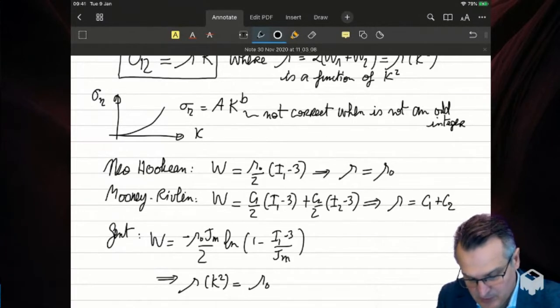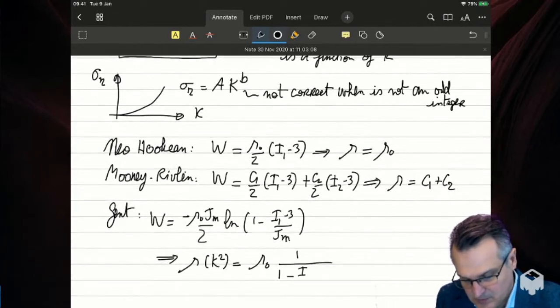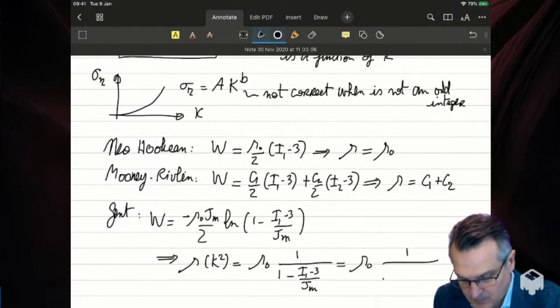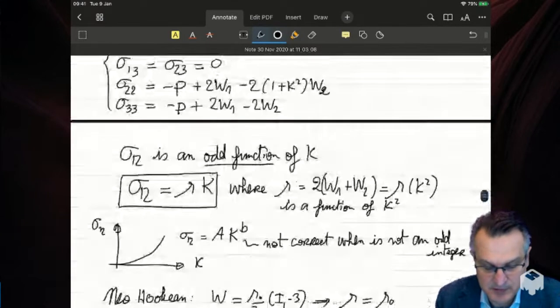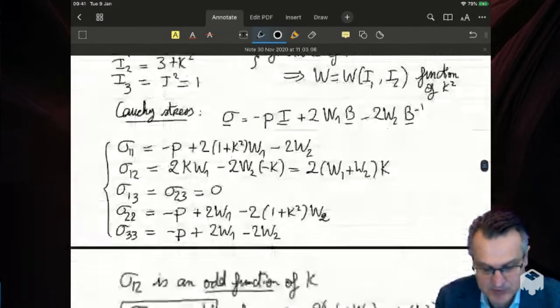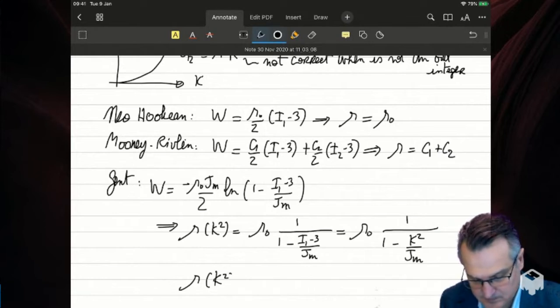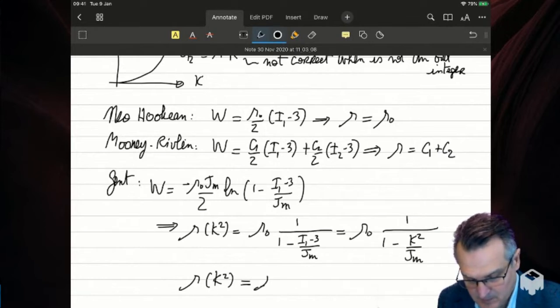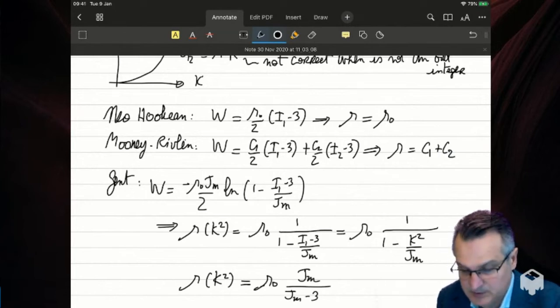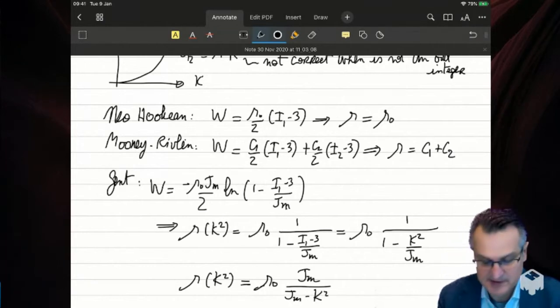I'm going to end up with mu 0, 1 over, just differentiate the log. I1, I go back up, is 3 plus k squared. So I1 minus 3 is just k squared. Mu 0 times Jm over Jm minus, oops, k squared. So in this case, it's not a constant.